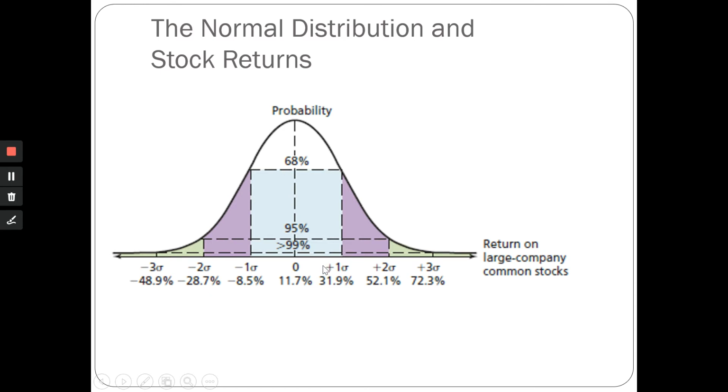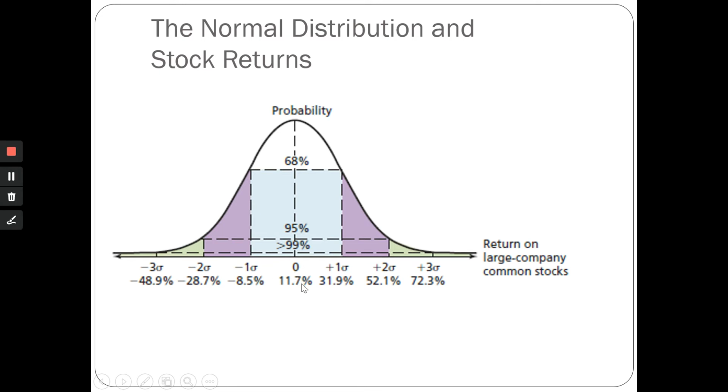So out of all the returns, if you randomly pick, there is a 68% chance that the return will lie within one standard deviation, on both the left and right.